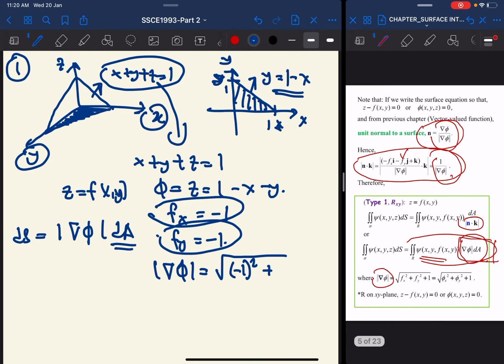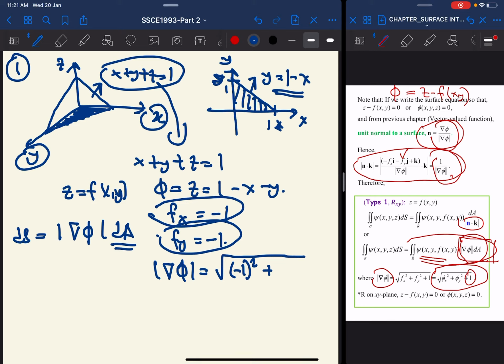Sorry, I forgot to mention this. The reason we get 1 is that phi is equal to z minus a function of x and y, so if you differentiate with respect to z, you get 1.